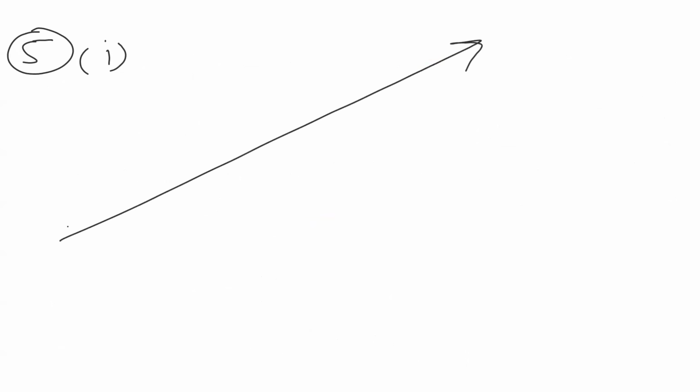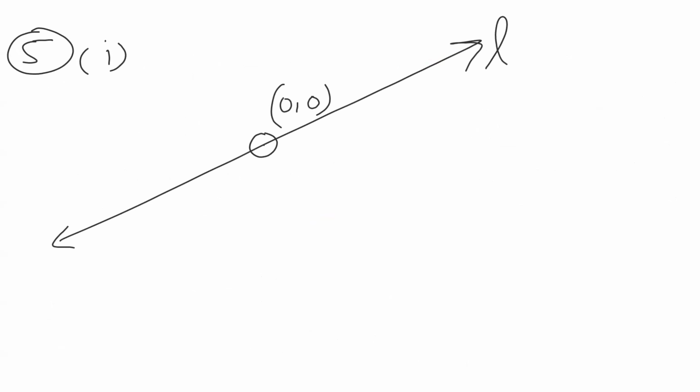So question number 5, sub question 1. Our line is passing through the origin. So let's say this is line L, which is passing through the origin. So the origin is one of the points on the line. Our line L is perpendicular to some other line.